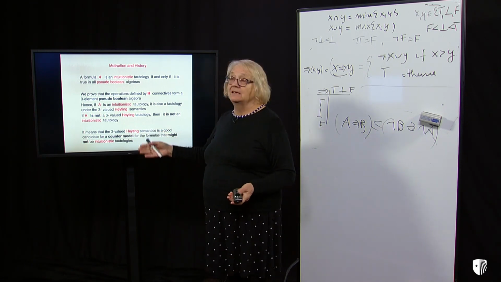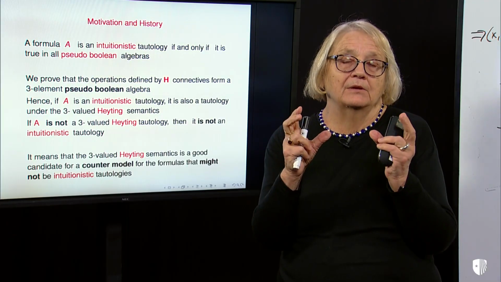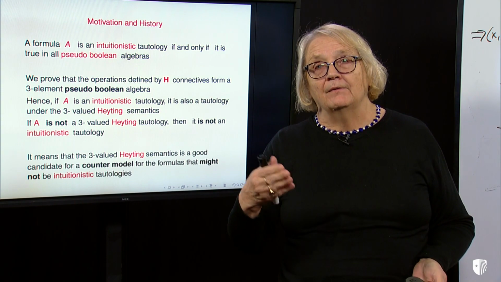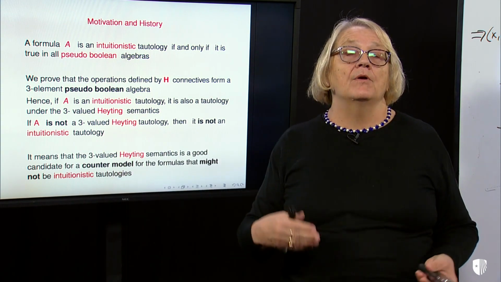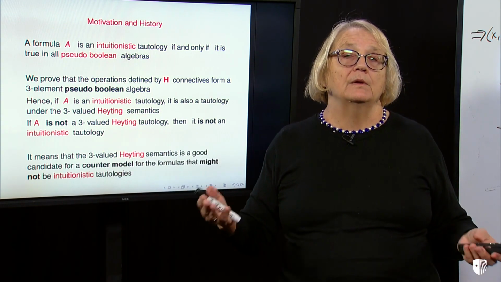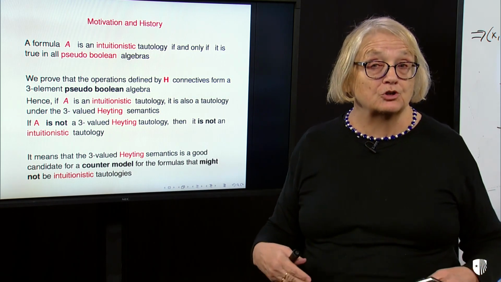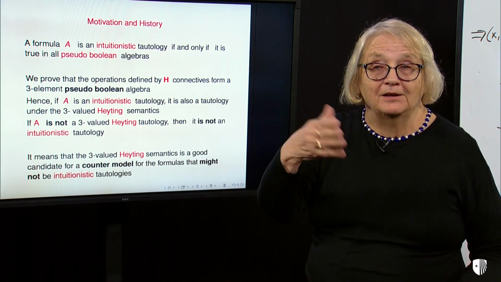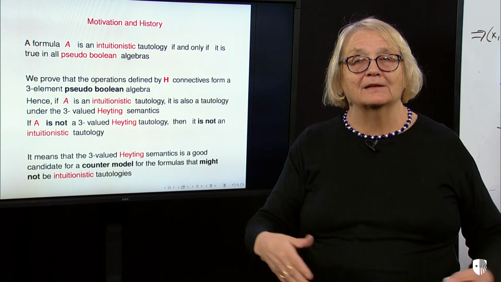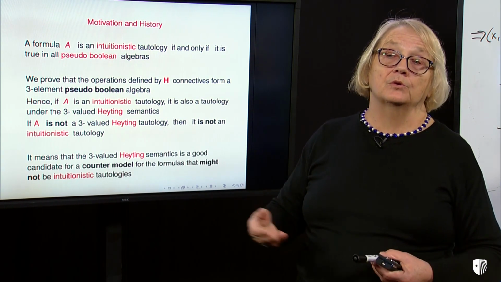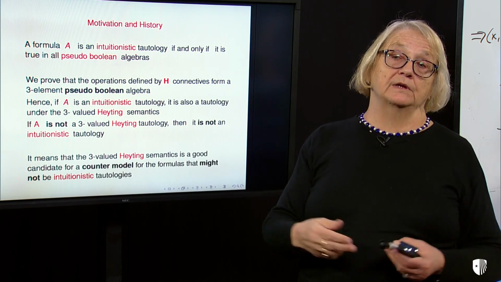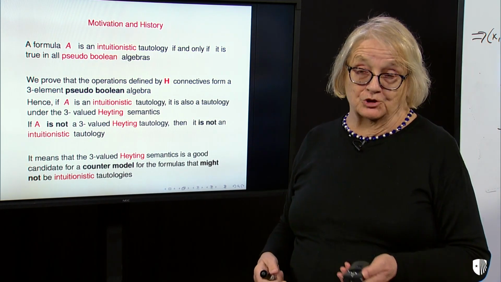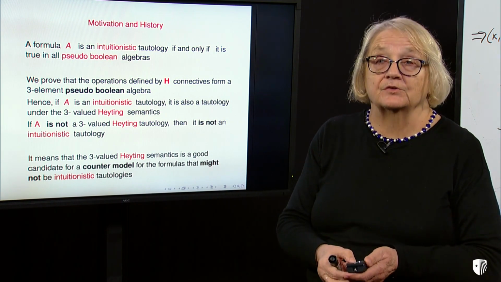It means this little semantics gives us a chance of finding that a formula is not an intuitionistic tautology, because if it's not Heyting, which you can check with those three values as we did for classical, you know for sure that it's not an intuitionistic tautology, but not vice versa, of course.